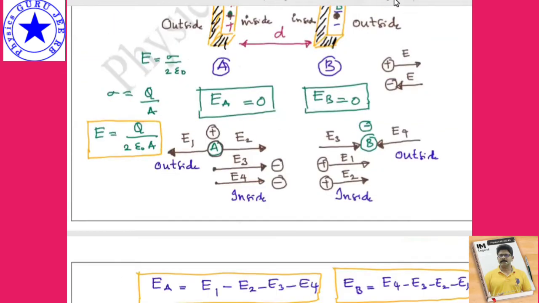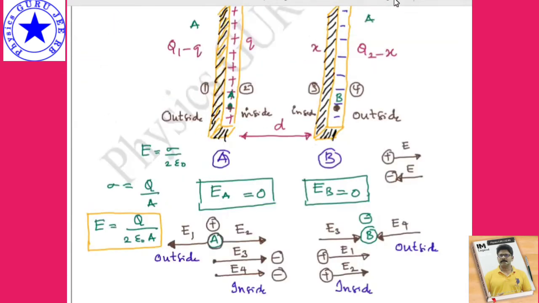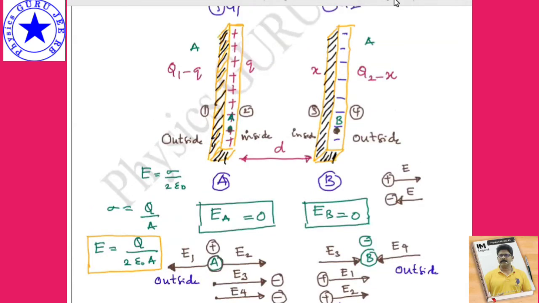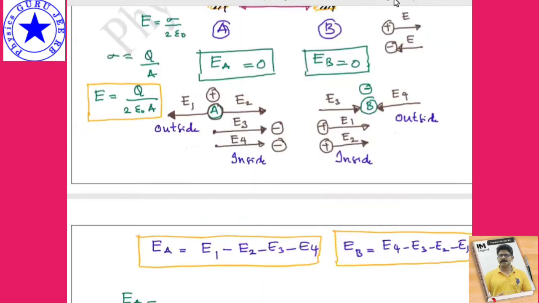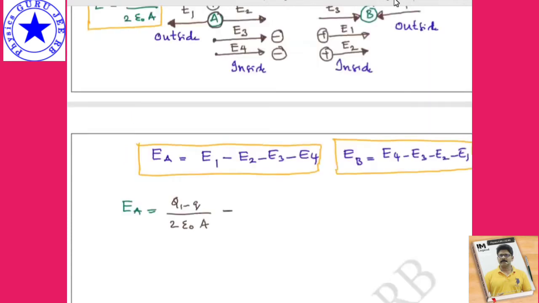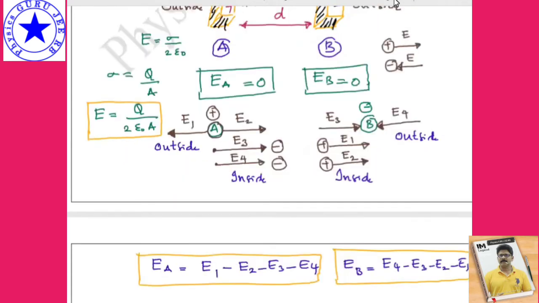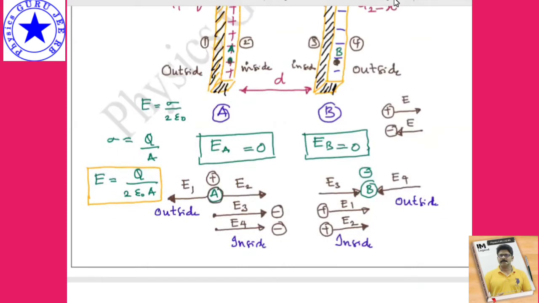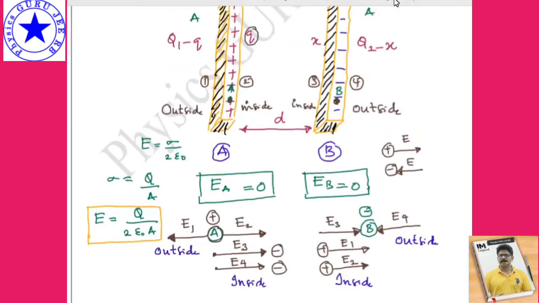I want now E1. E1, observe here, is due to the outside surface of plate 1, whose charge is nothing but Q1 minus Q. So simply I'll write Q1 minus Q. Now EA is equal to Q1 minus Q divided by 2 epsilon naught into A, minus, again you can see here, the inside surface charge is Q. Here it is X. It is nothing but Q1 minus Q. Here it is Q2 minus X. Hope it is clear, right?